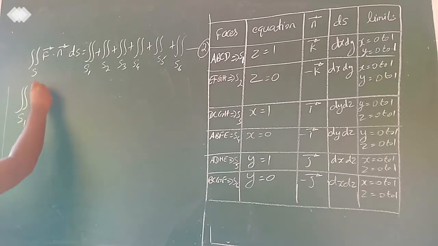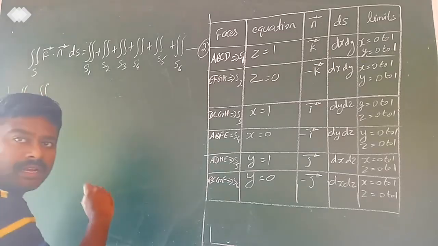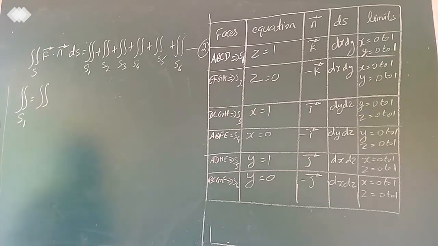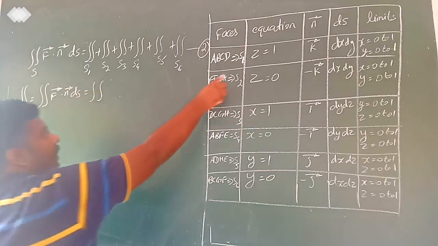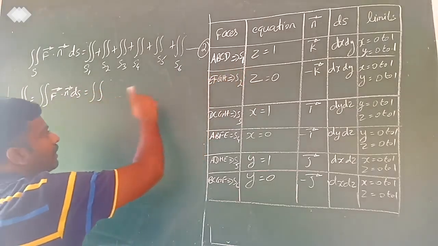Double integral of S1 equal to double integral of f vector dot n vector ds, equal to double integral over the S1 face of f vector dot n vector.